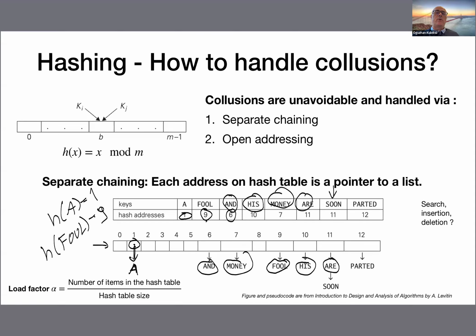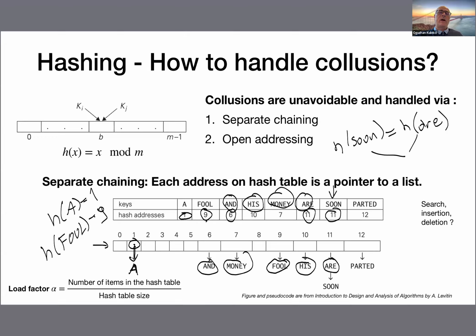Now we hit a collision. The hash code of soon is equal to the hash code of R, so these will have the same value and they are equal to 11. When I go to 11, I see that it already contains a list, but this collision is not problematic.